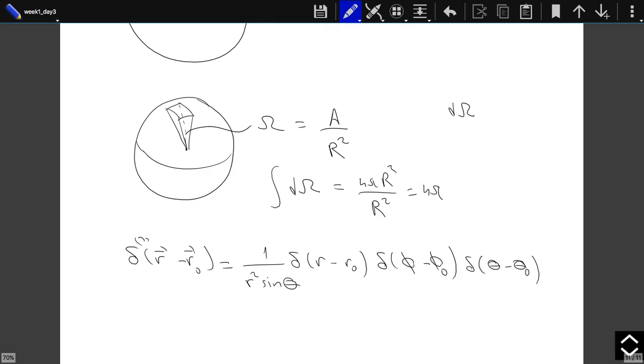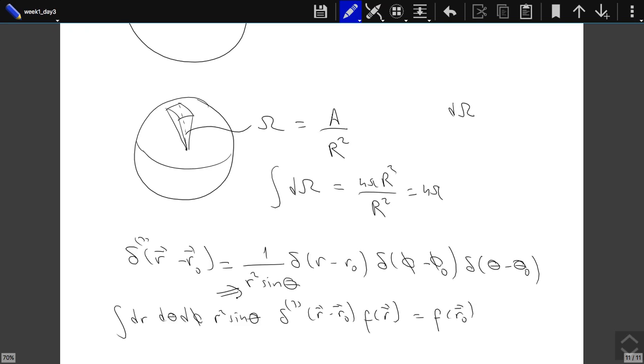And the result is just the integral of dr, d theta, d phi, r squared sine theta, Dirac delta cube, r minus r0, f of r. This is just f of r0, thanks to these factors over here. So those factors have to be there.